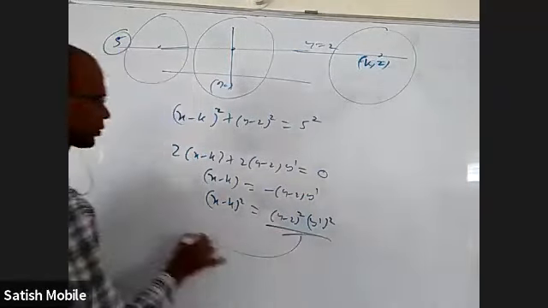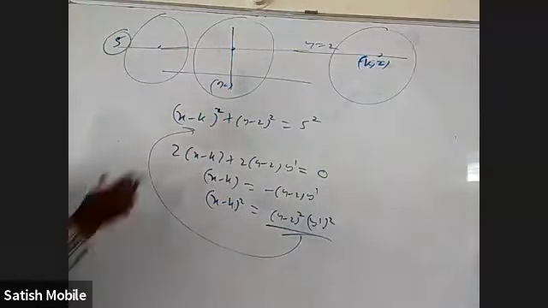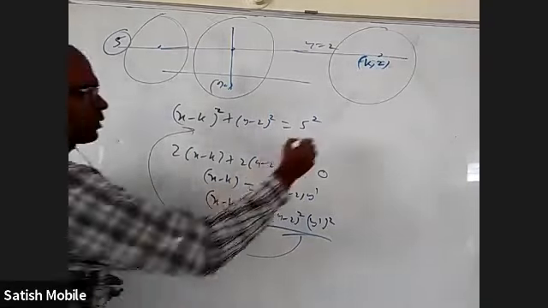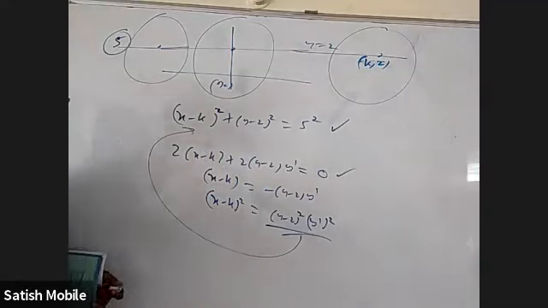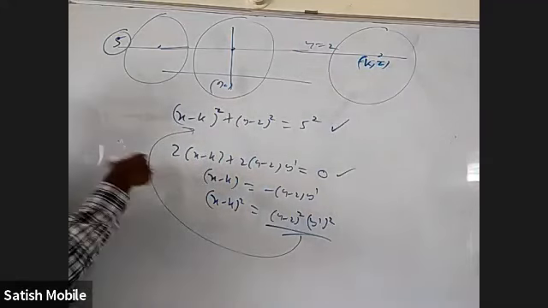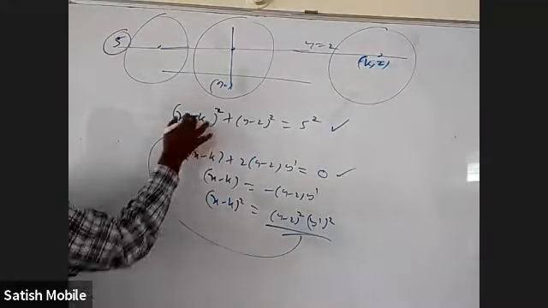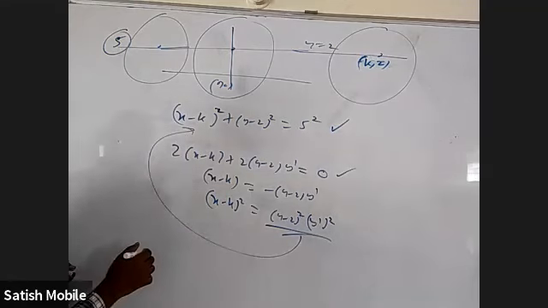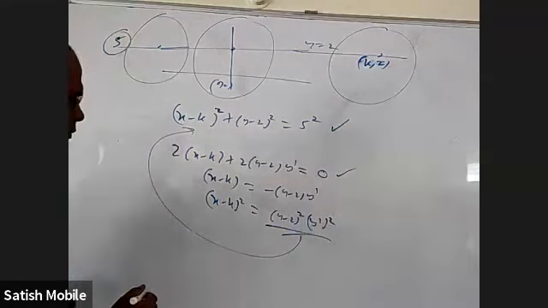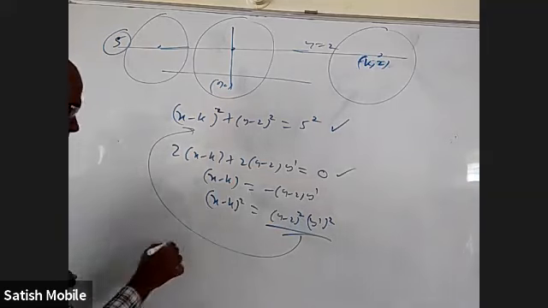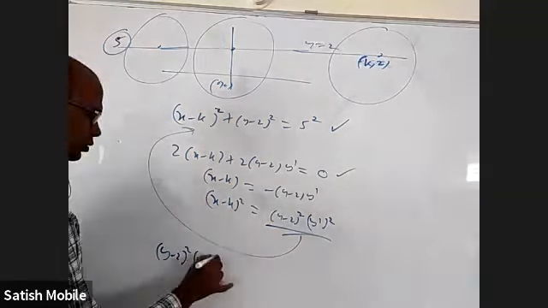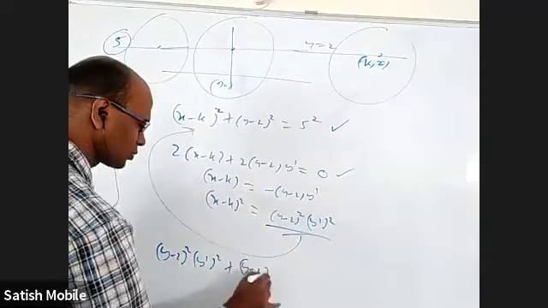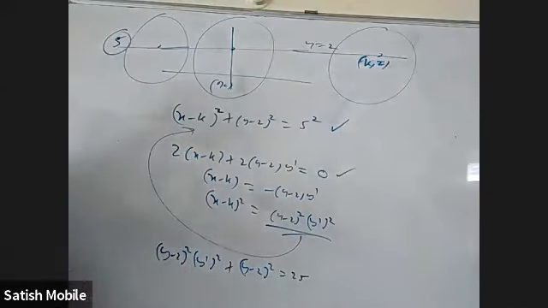This one you substitute here, then k is gone. From these two equations, the original equation and the derivative, we have to eliminate k. So instead of eliminating k, I'm eliminating x minus k itself. So when you put this back, I will be getting (y minus 2) whole square into y dash whole square plus (y minus 2) whole square equal to 25.